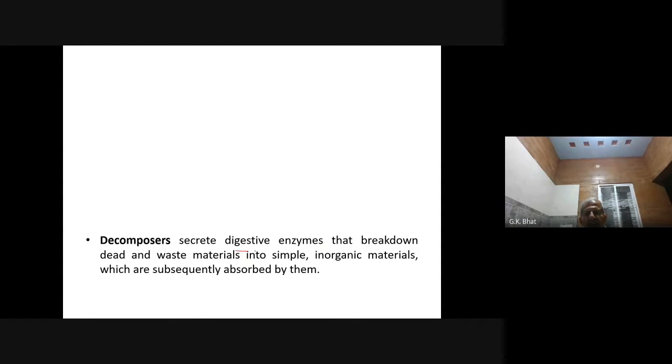Decomposers secrete digestive enzymes that break down dead and waste materials into simple inorganic material, which are subsequently absorbed by them, and the rest are absorbed by the plants at the time of photosynthesis.